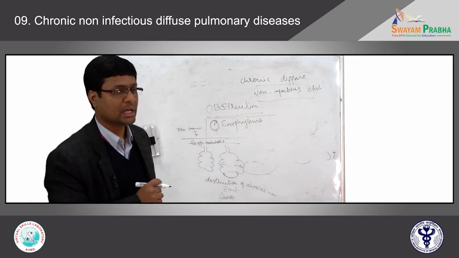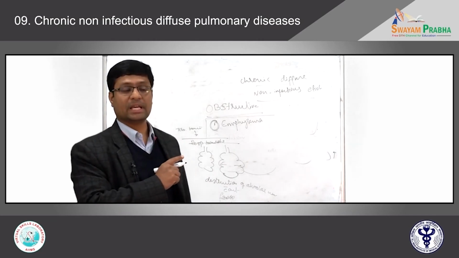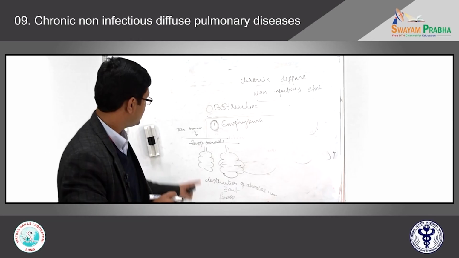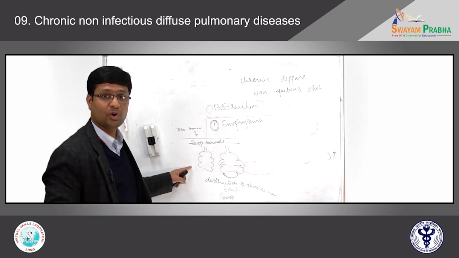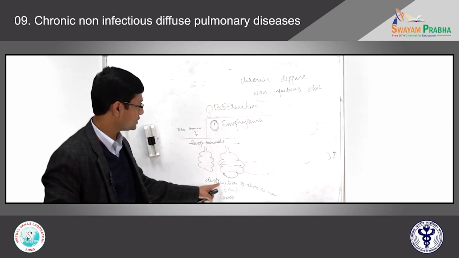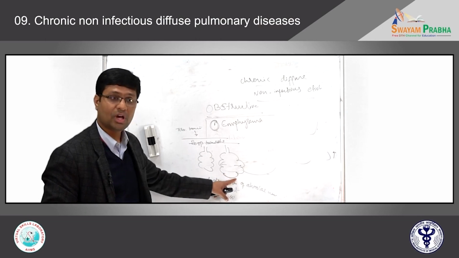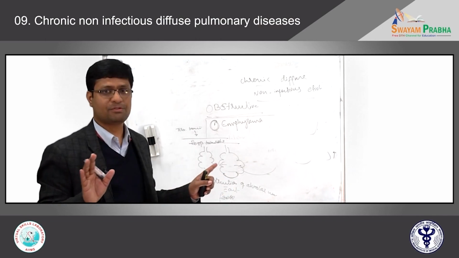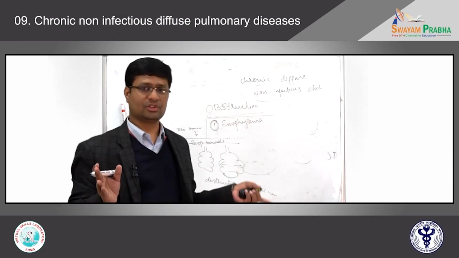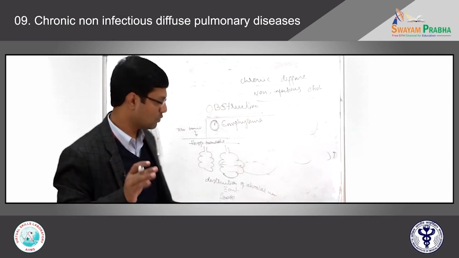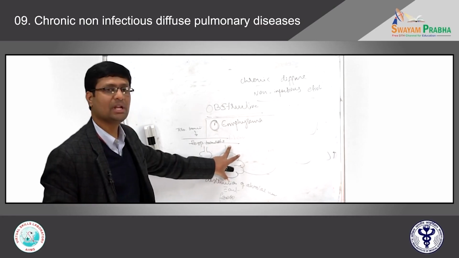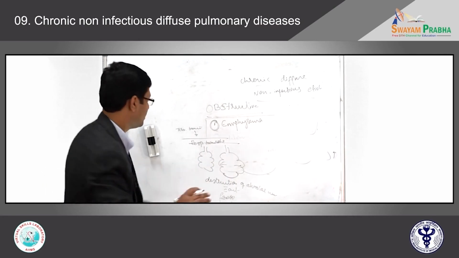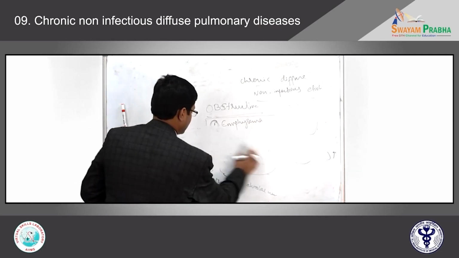I'll repeat again. Emphysema is defined as an irreversible enlargement of air spaces distal to the terminal bronchioles, accompanied by destruction of the alveolar wall without any obvious fibrosis. Ultimately, whether you see it grossly, radiologically or microscopically, you will see predominant enlargement of the alveolar sacs, the air spaces. This is the definition.